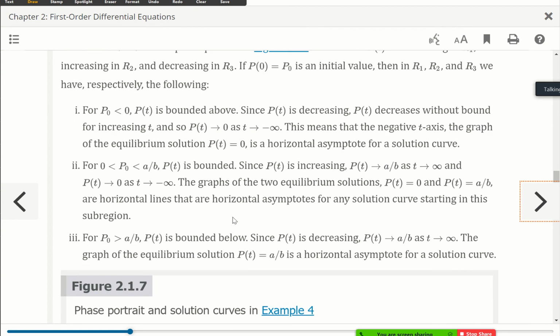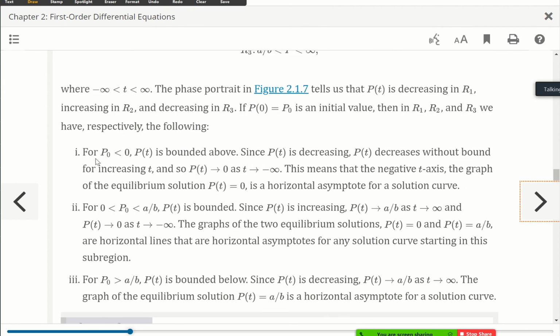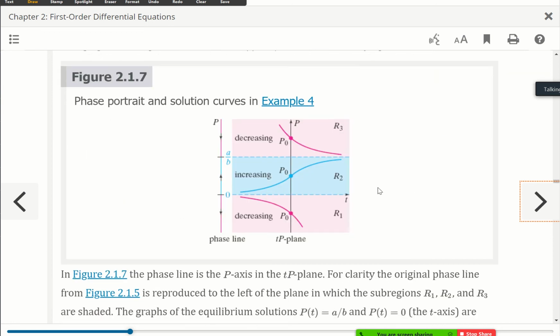We already did the phase portrait for this. So if you recall, P was less than 0, and if P of t is bounded above, since P of t was decreasing, P of t decreases without bound for t increasing. And so P of t will approach 0 as t approaches negative infinity. This means that the negative t-axis, the graph of the equilibrium solution P of t equals 0, is a horizontal asymptote for the solution curve.